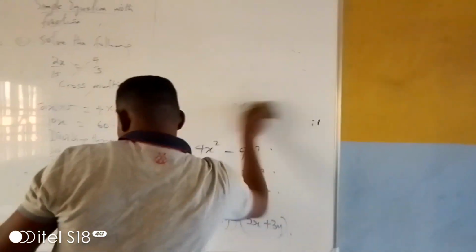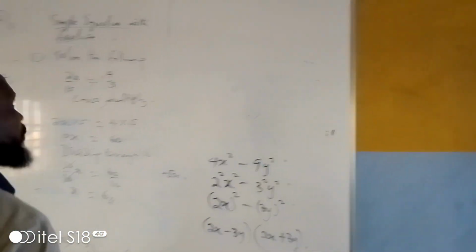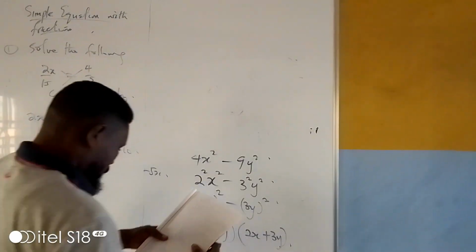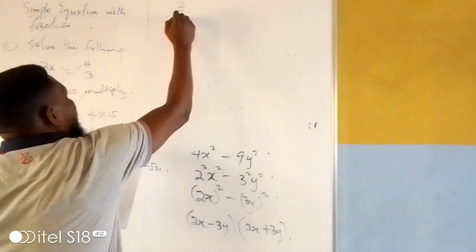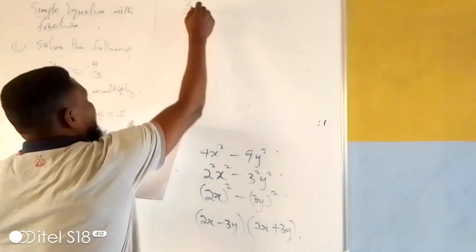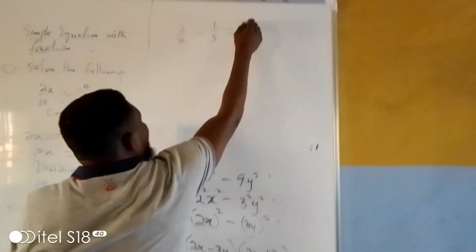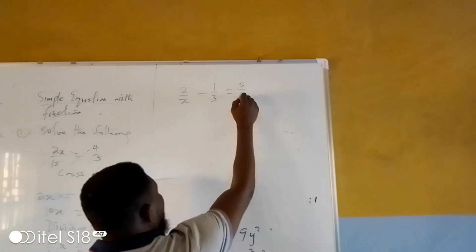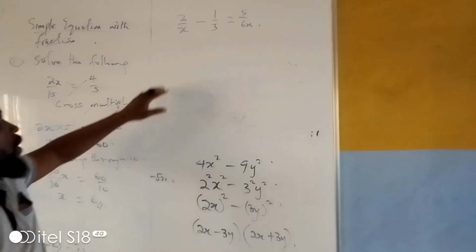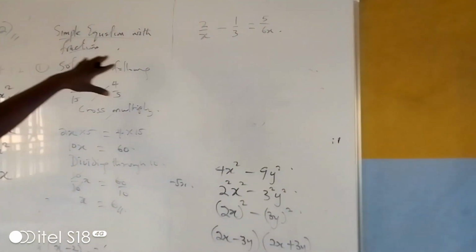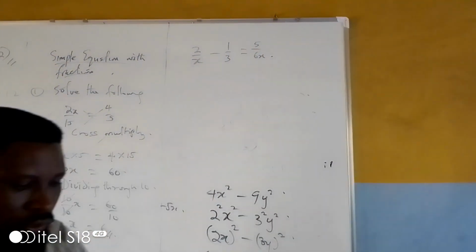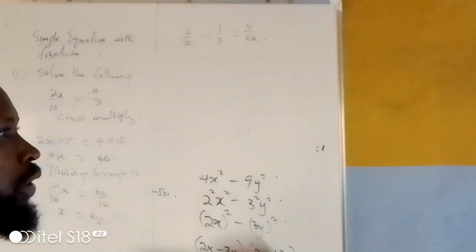Now, to consider another question here, we look at probably a question that is a bit complex, like 2 over x minus 1 over 3 equals 5 over 6x. If you look at this equation, of course, it's a bit different from what we have solved before.